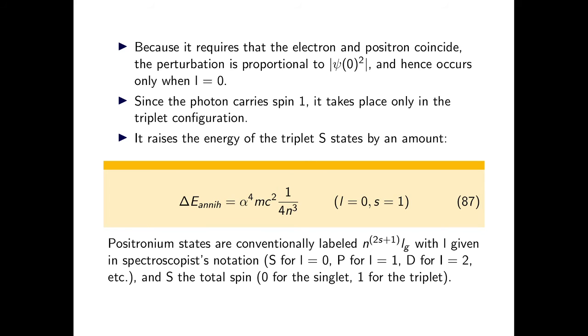It requires that the electron and the positron coincide, and the perturbation is proportional to the absolute value of psi naught squared. And this only occurs when the angular momentum L is equal to 0.